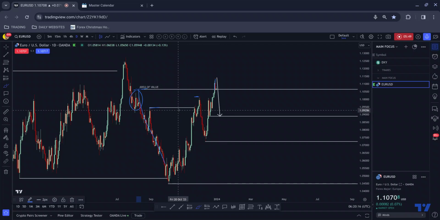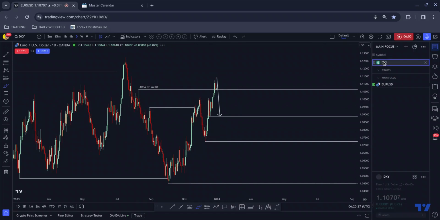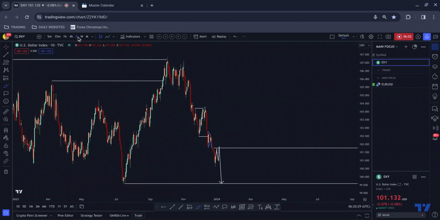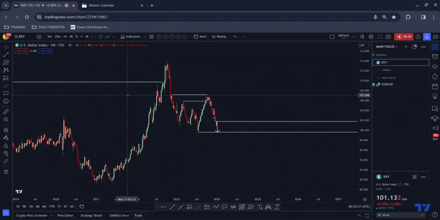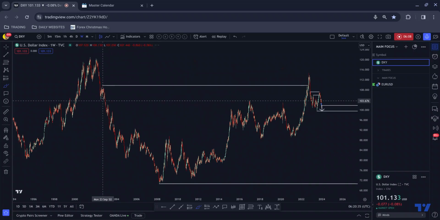The reason I'm not anticipating a longer term move back down, and not perhaps all the way down to here, is because if we just flip to the DXY, which is the dollar index, which is the inverse of EUR/USD, if you're new to this method, you can see that we've tapped into this exchange of liquidity where there was volume.